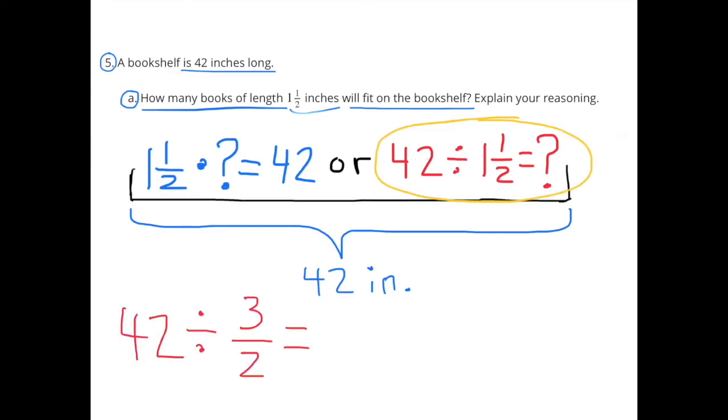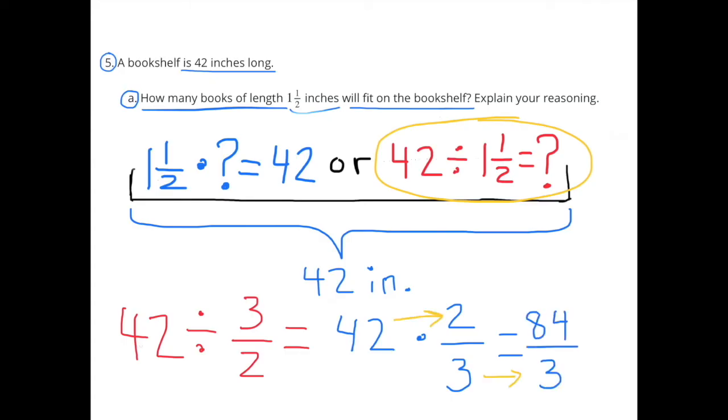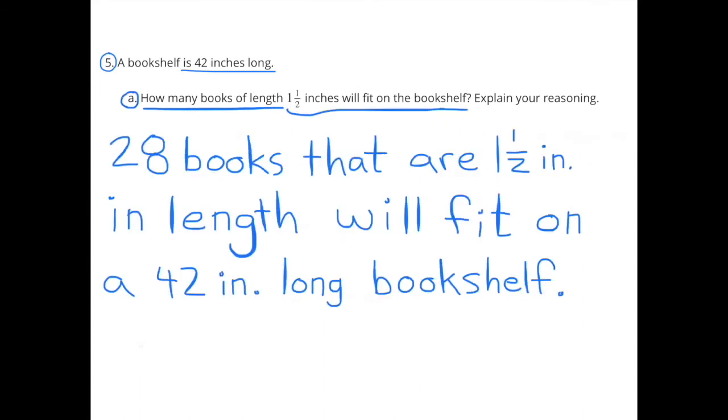The easiest one would be 42 divided by 3 halves, which is the same as 42 times 2/3 equals 84 thirds. And of course, 84 thirds is the same as 84 divided by 3, which is 28. 28 books would fit on the bookshelf.